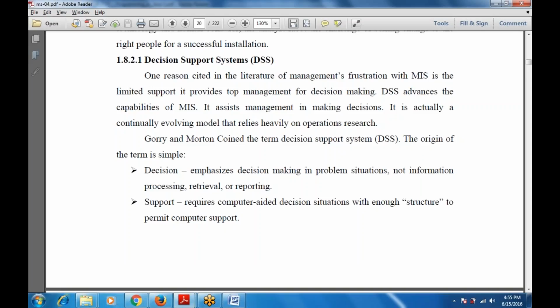Yes, DSS is used for top level management, and the MIS is used for middle level management or the department heads. This is one point. Any other difference?